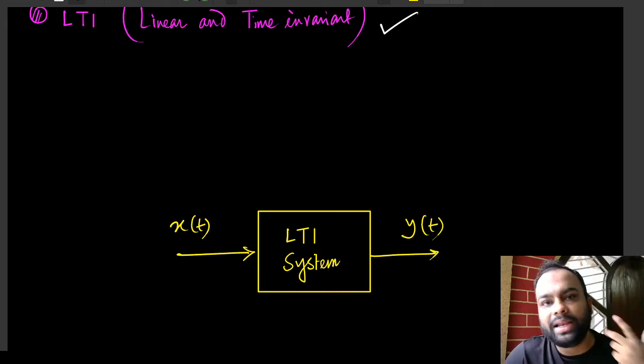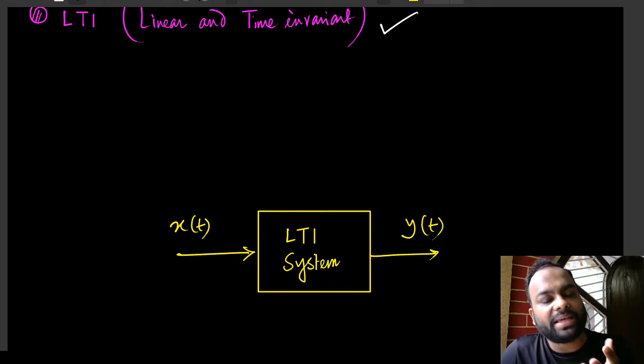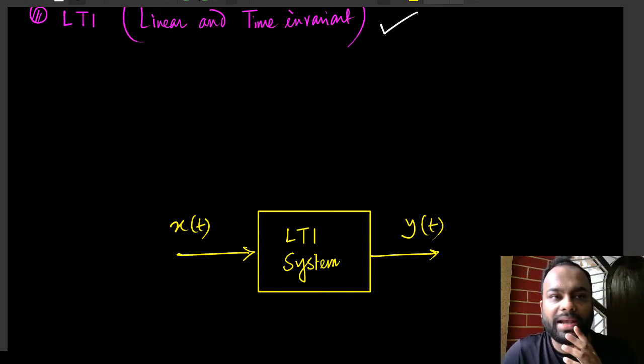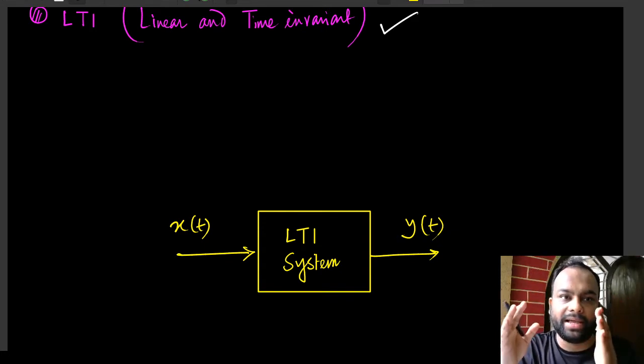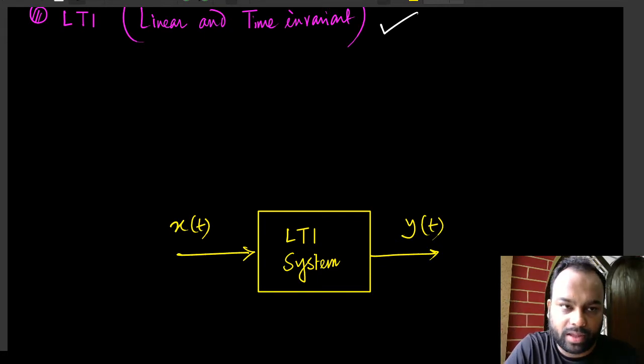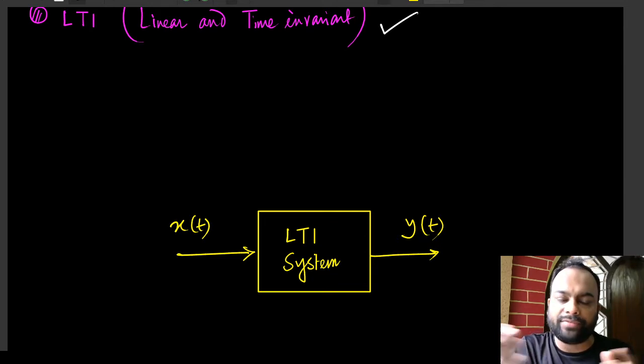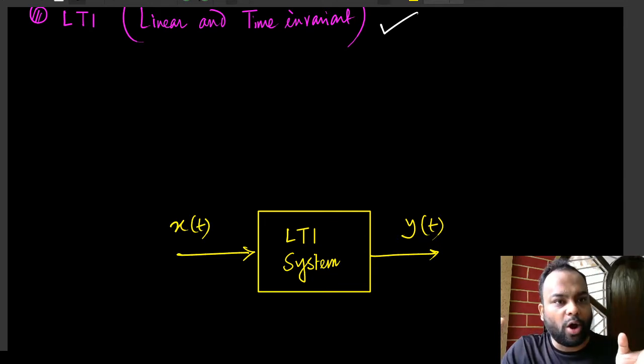Now imagine we are dealing with a system where you do not have a proper mathematical model to talk about. Under those scenarios, we do not have a direct way of modeling the system.